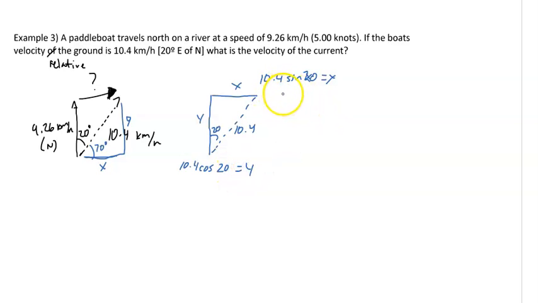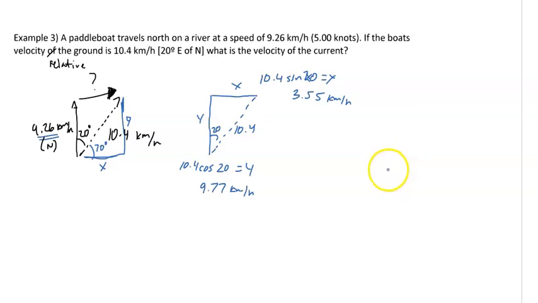So finding this x component, this x component is 3.55 kilometers per hour. This y component is 9.77 kilometers per hour. Now, taking a look here, this y component is a little bit longer than what the boat was capable of traveling.